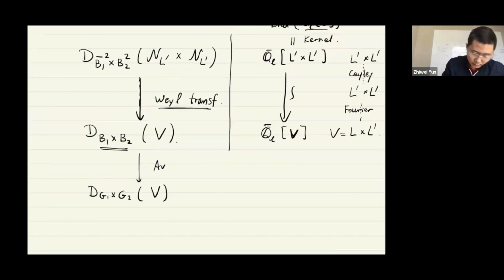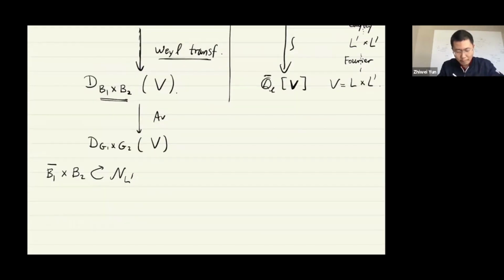Okay, so let me also remark that our starting point is very similar to G mod B mod B, in the sense that the action of B1 bar times B2 on the moment cone has only finitely many orbits.